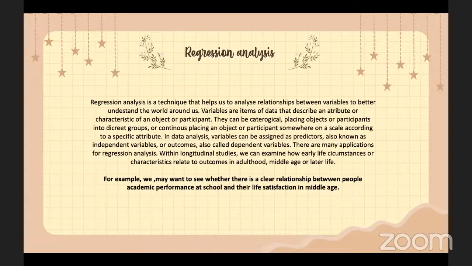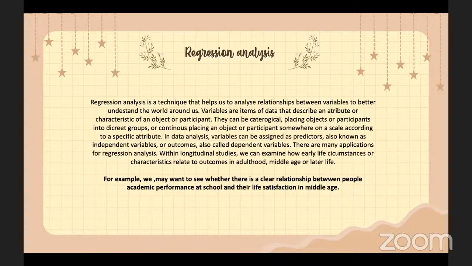In data analysis, variables can be assigned as predictors, also known as independent variables, or outcomes, also called dependent variables. There are many applications for regression analysis. Within longitudinal studies, we can examine how early life circumstances or characteristics relate to outcomes in adulthood, middle age, or later life.